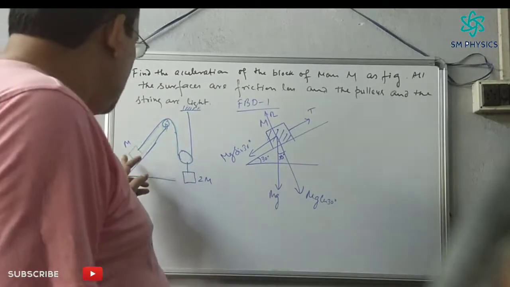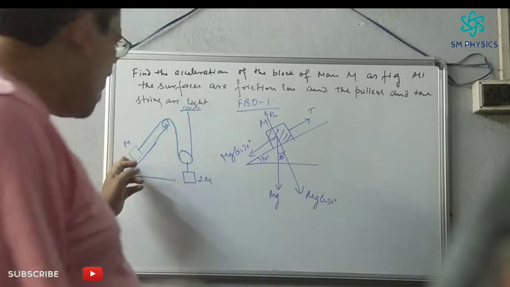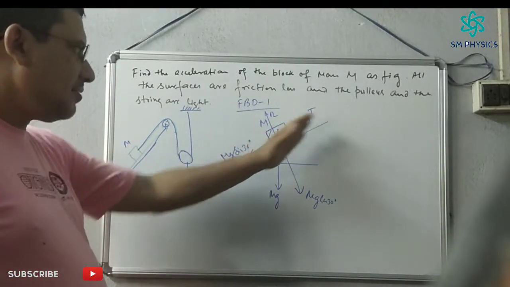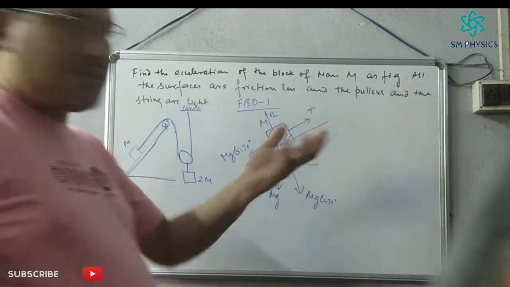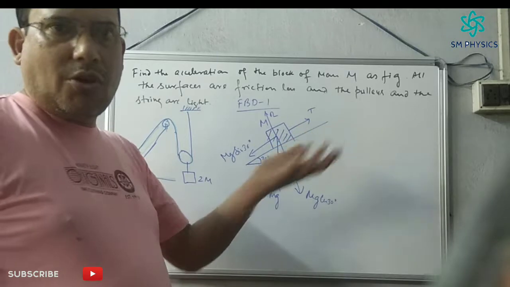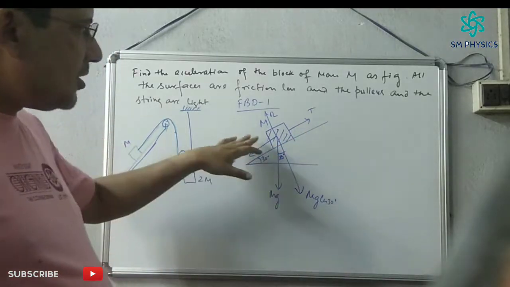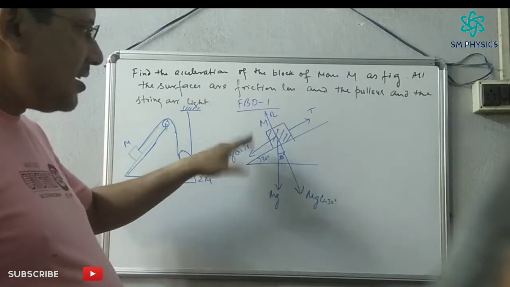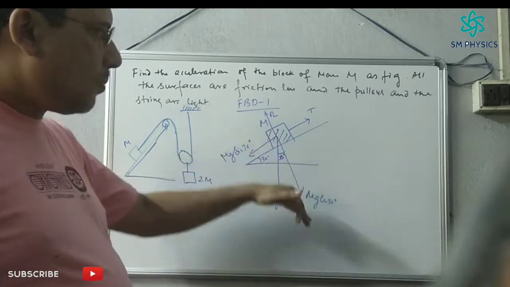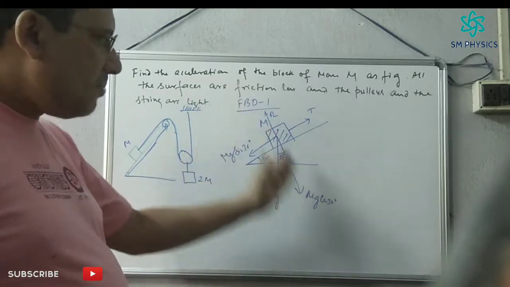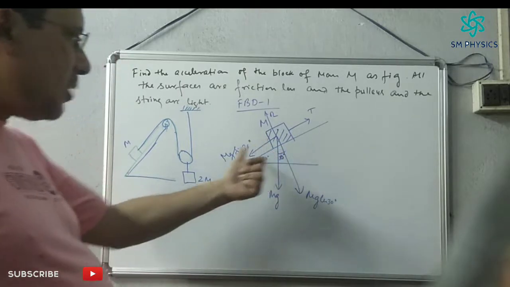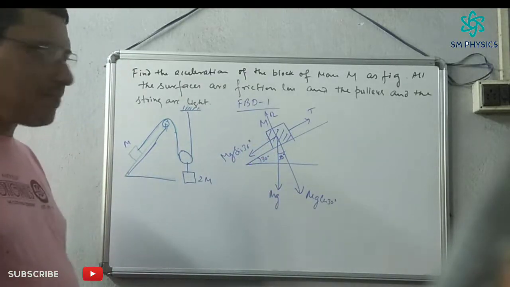Now I consider the block m, which is on the inclined plane. So here this weight is divided into two components, and the theta is given here, that is 30 degree. So mg cos 30 degree, and this one is mg sin 30 degree.